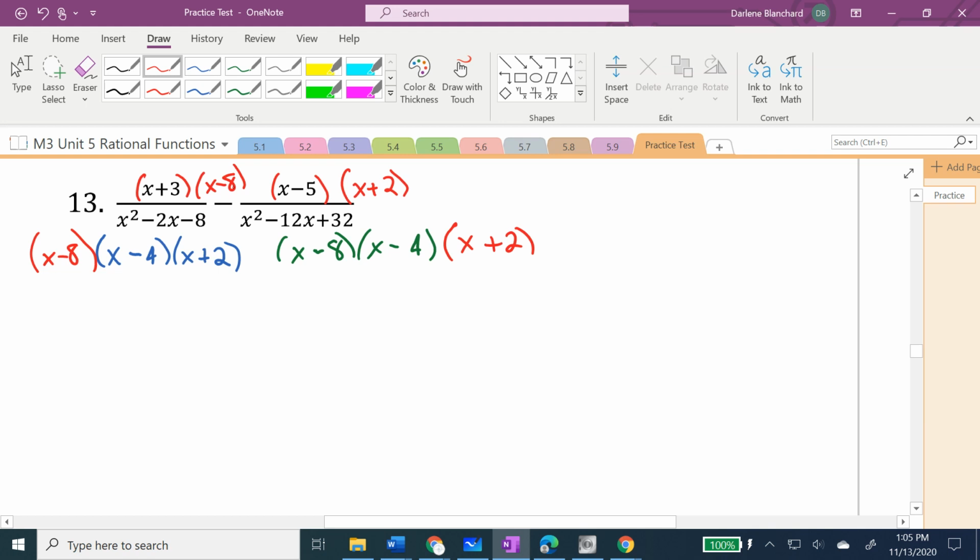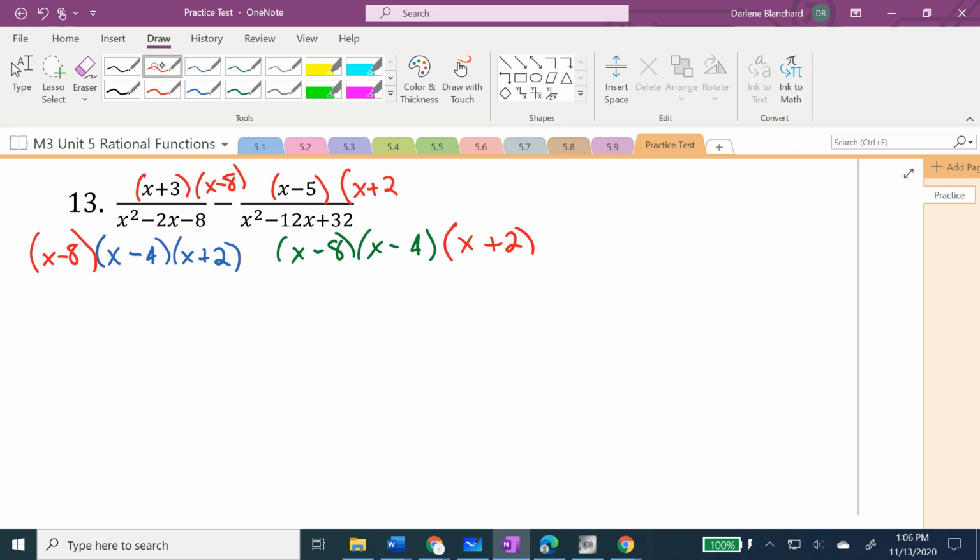Got to make sure I have parentheses around original numerators, because this giant fraction bar is a parentheses as well as a fraction bar. There's an understood parentheses around the numerator and the denominator.